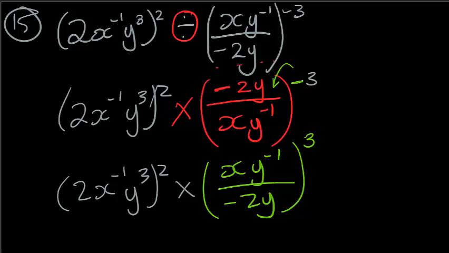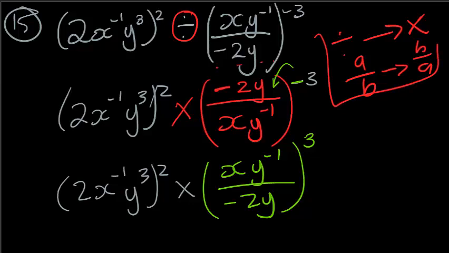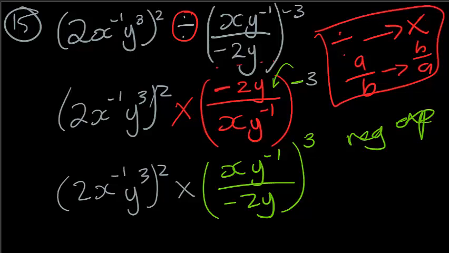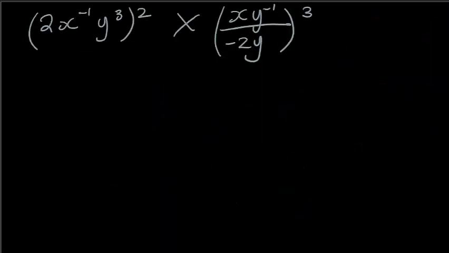So I sincerely hope that made sense. The first flip was because divide becomes times, and a over b becomes b over a. This is the rule for dividing by a fraction. The second flip was because I had a negative exponent. Okay, so let's move on.